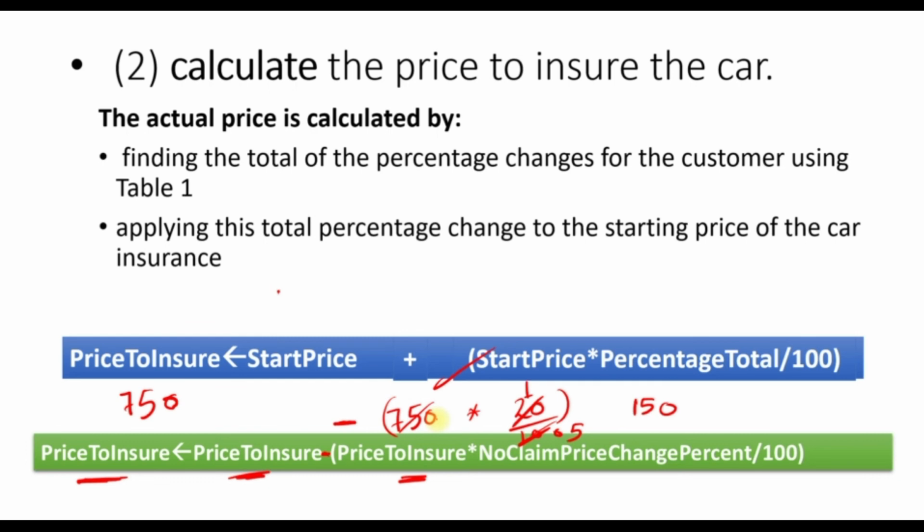Okay, so 750 minus 50, sorry, it will be $600. Okay, now the price to insure the car, which is the second input, is calculated by the first table, and then negative the or minus the second percentage from the second table.